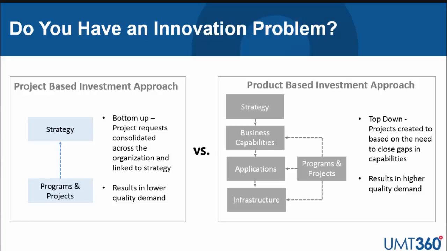The benefit of this approach is you know what changes you need to make to your business to drive the performance you need, and you automatically result in a stronger set of demand of candidate projects in your wish list, regardless of what optimization techniques you employ to select which projects to move forward with. So a top-down, product-based, capability-driven model results in a stronger set of demand before you start to analyze the projects.